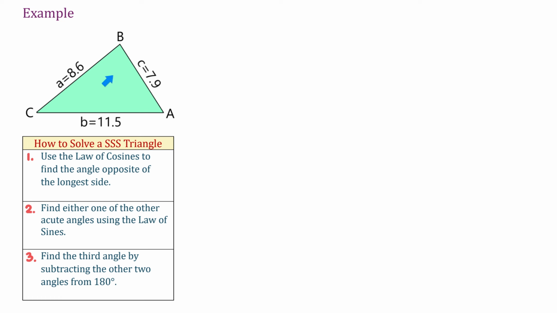Therefore, first we will find angle B. The law of cosines that uses angle B is b squared equals a squared plus c squared minus 2ac cosine of angle B. If we solve this formula for angle B, then we get B equals inverse cosine of a squared plus c squared minus b squared over 2ac.